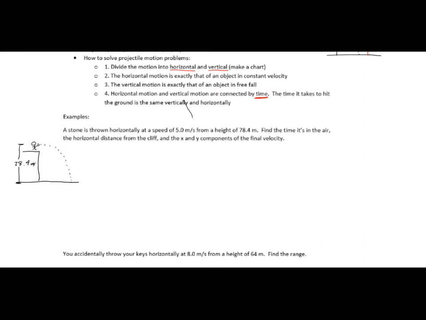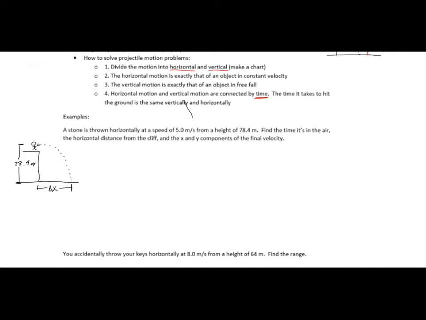We want to find the time it's in the air and the horizontal distance, which is this, delta x. That's how far it ends up away from the edge of the cliff. And we also want the x and y components of the final velocity. So that will tie in some angle parts to us here. This isn't going to hit the ground moving straight down. It's going to have a slight angle.